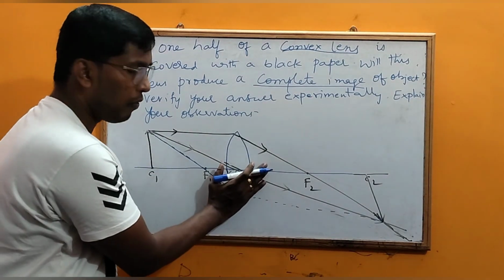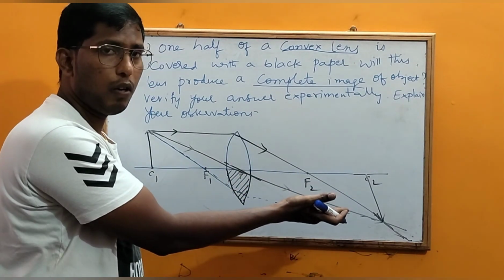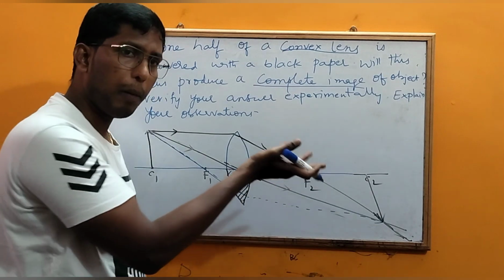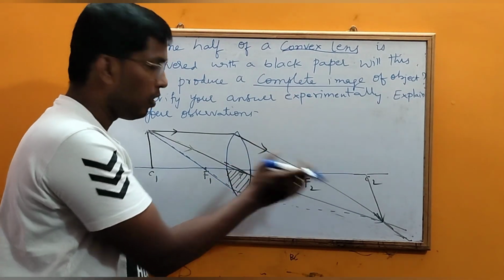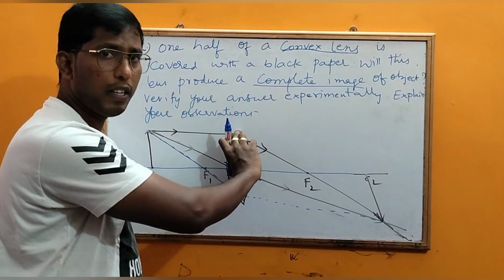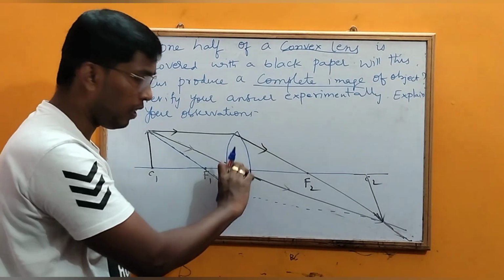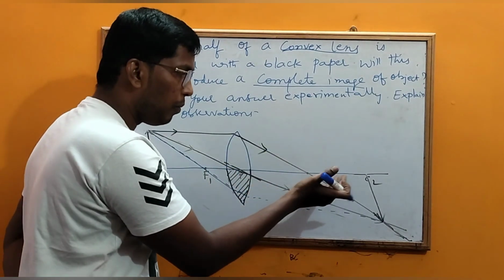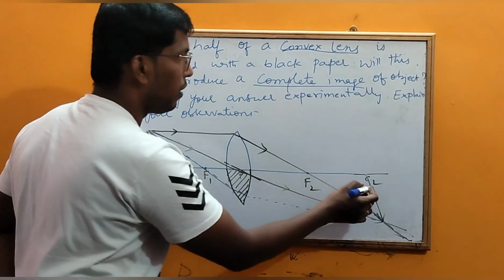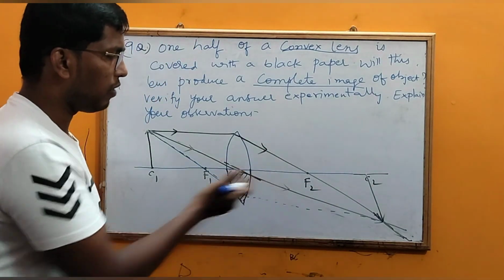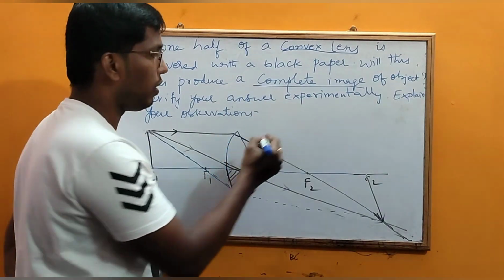Even though you cover it with a black paper, it forms the shadow of the object. So the image will appear dark in color. This half portion is not covered, it is transparent, so it forms a clear image, but the other half portion will also be formed, but it is not clear. So what can be the answer?